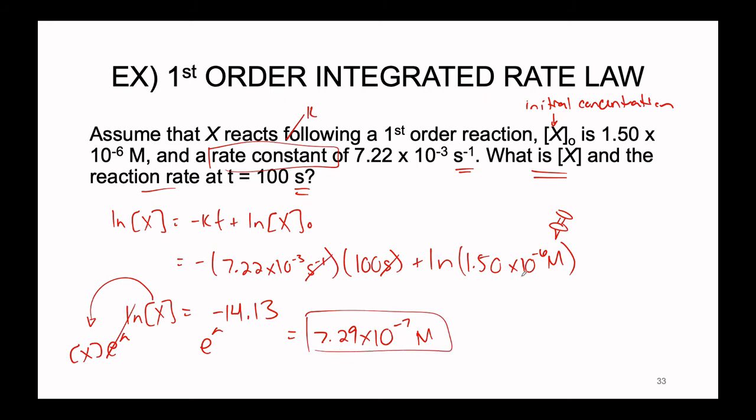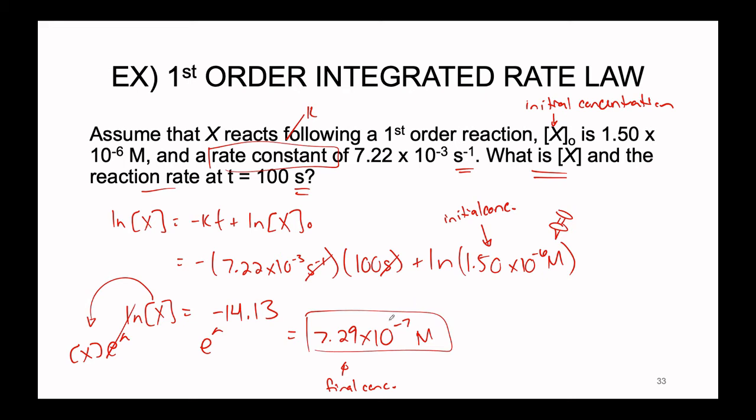All right, so we can take a moment to analyze whether or not this answer makes sense. The way that we do so is to compare our final concentration to the initial concentration, which we could see again right here inside of our parentheses. As a reaction progresses, the concentration of our reactant should decrease.